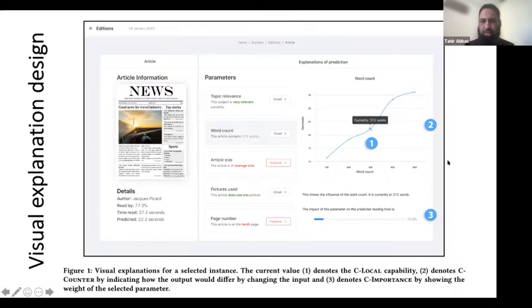So the first one is C local, which denotes the C local capability, which attribute actually contributed to the overall prediction.